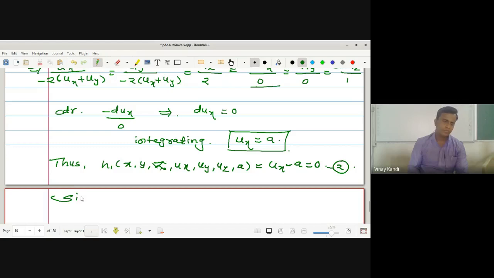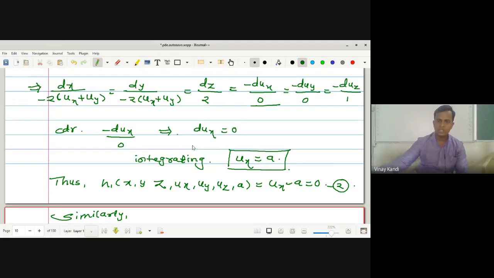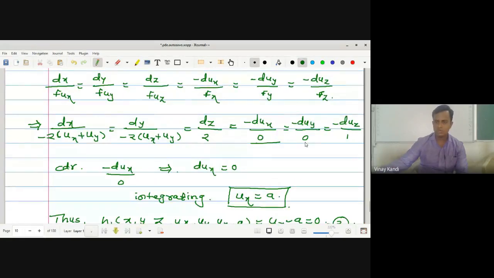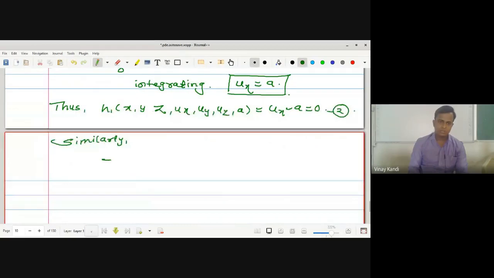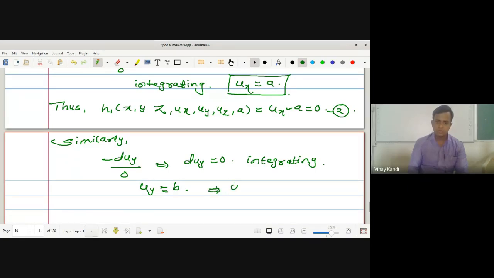Now similarly, consider this relation: minus duy upon 0, which implies duy is equal to 0. Integrating, we get uy equals the integration constant, suppose this is b, which implies uy minus b equals 0.